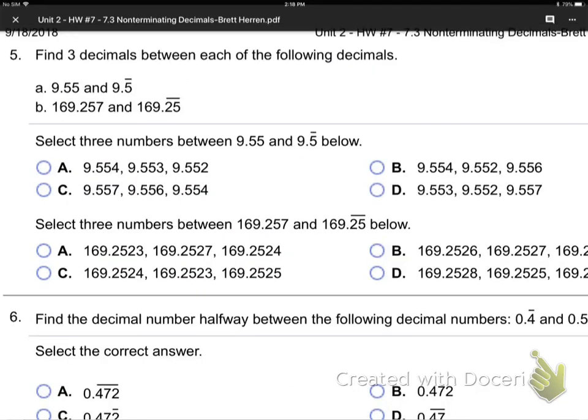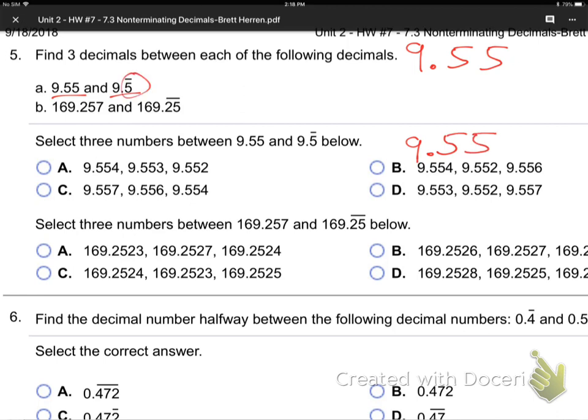All right, so find 3 decimals between each of the following. We're supposed to take 9.55 and 9.5 bar. I'm going to write them all spaced out, careful. 9.55, and way down here at the bottom, 9.5 bar.